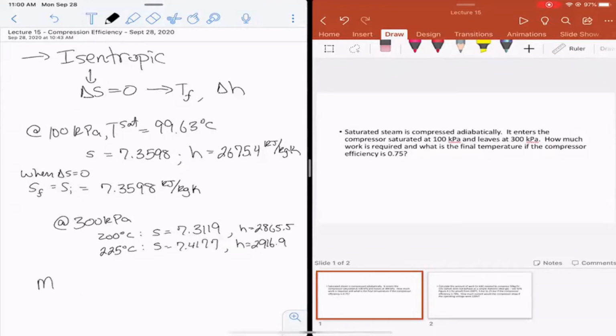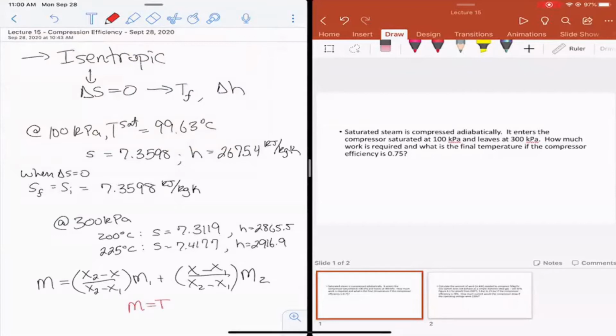Remember that formula is on the first page of the steam tables: M is equal to (x2 minus x) over (x2 minus x1) times M1, plus (x minus x1) over (x2 minus x1) times M2. M is the thing that we're after, and in this case, M is the temperature, at least that's the thing that we'll solve for first.